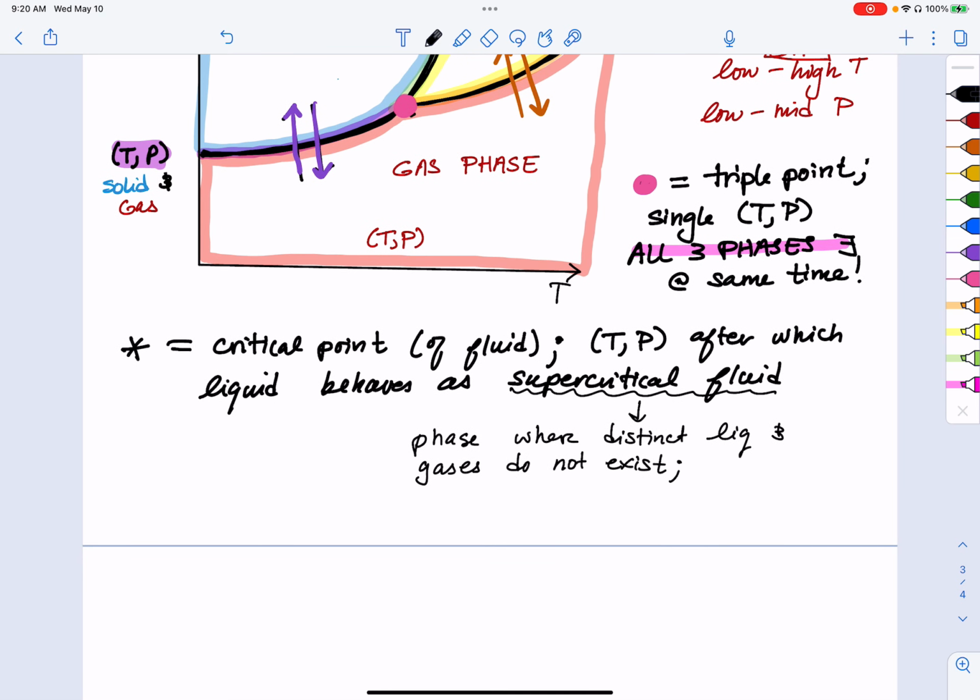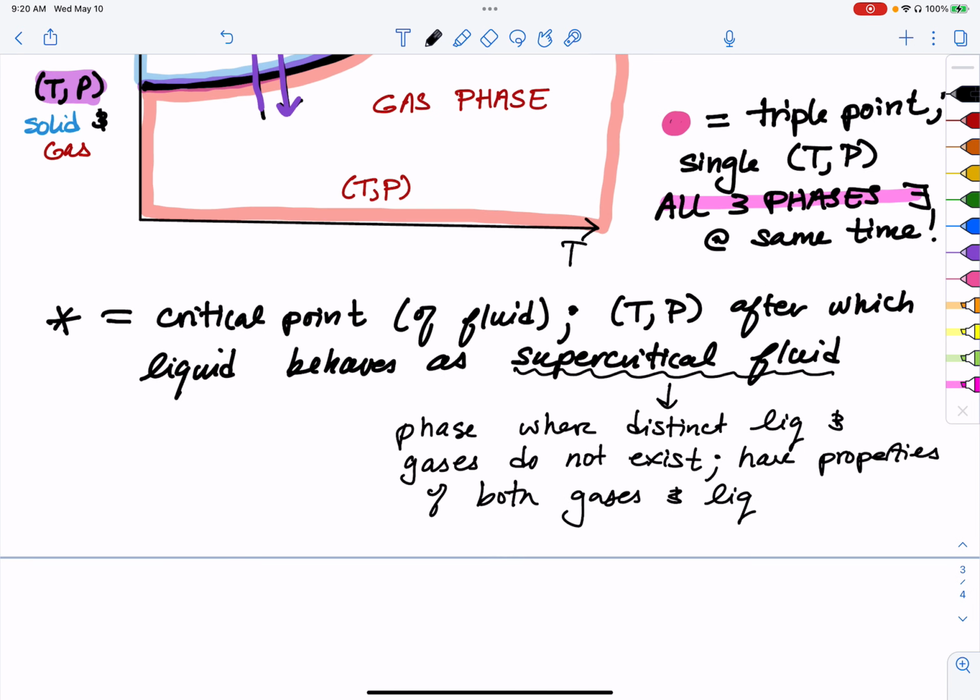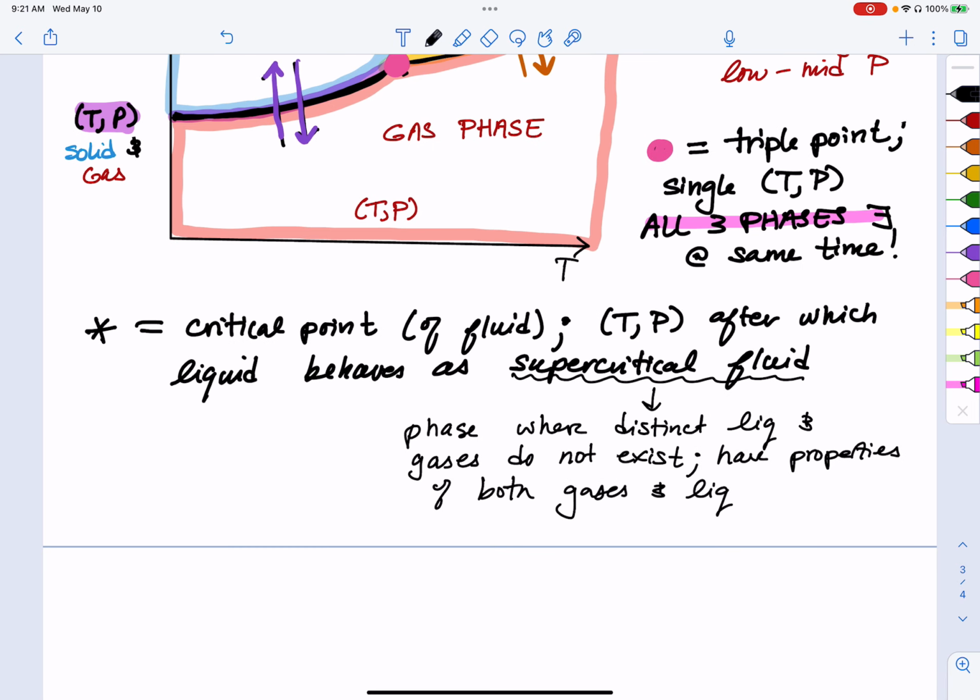And they have properties of both gases and liquids. So it's like they're not exactly a gas and they're not exactly a liquid. It's like a phase of matter that behaves kind of like both a liquid and gas.